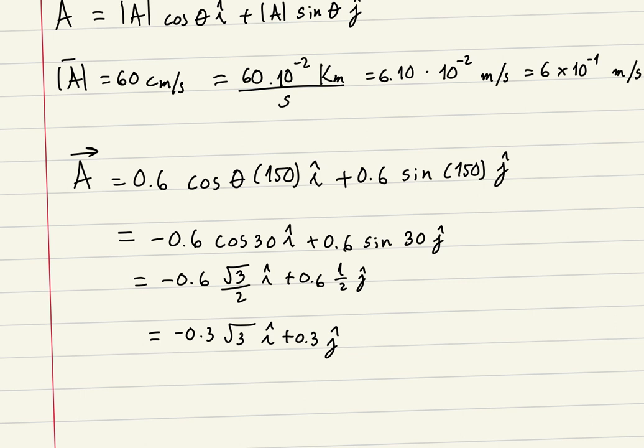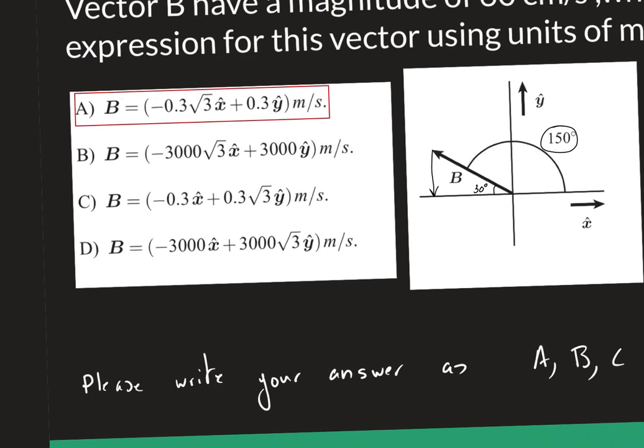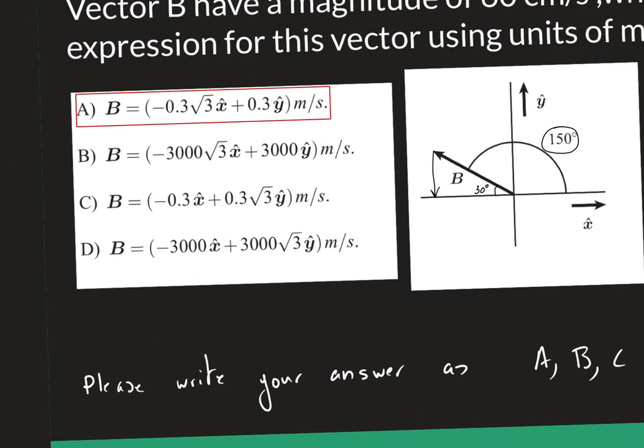We do the trigonometry. We look at the unit circle, and we end up with negative 0.3 square root of 3, my bad, I plus 0.3 J. So the answer will be A.